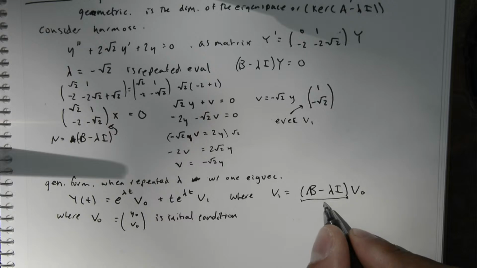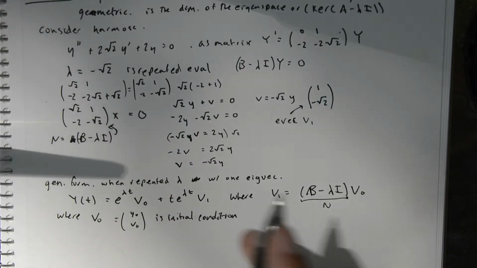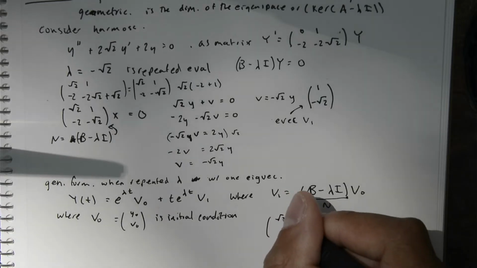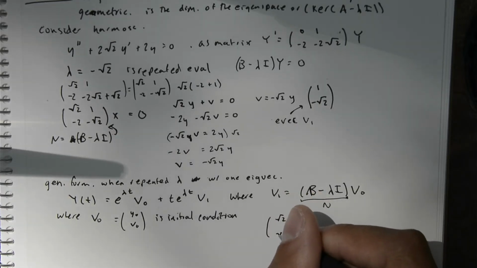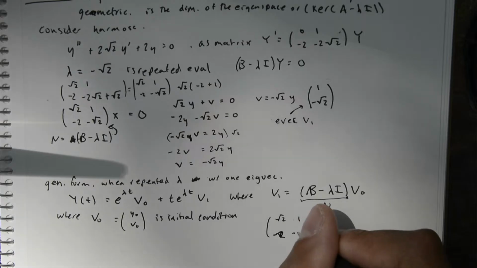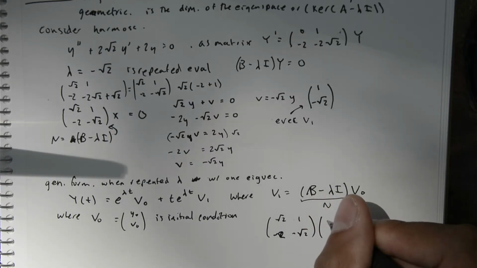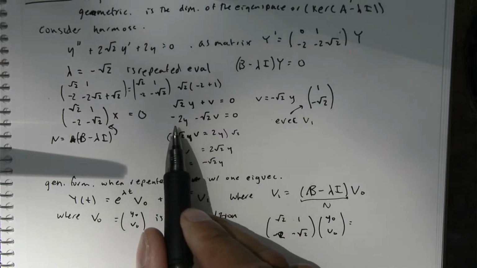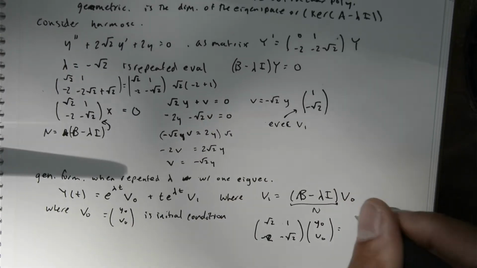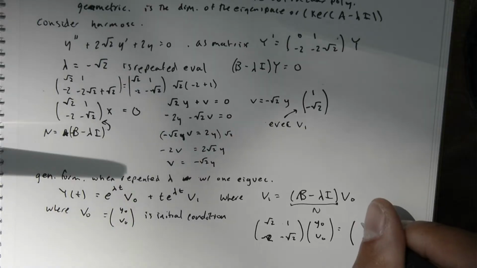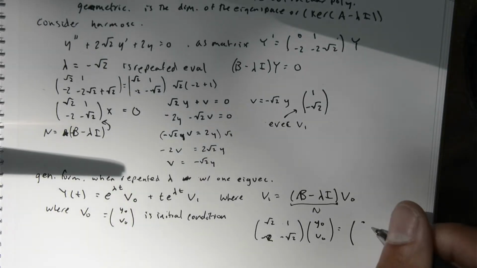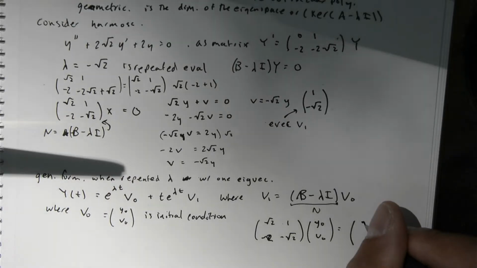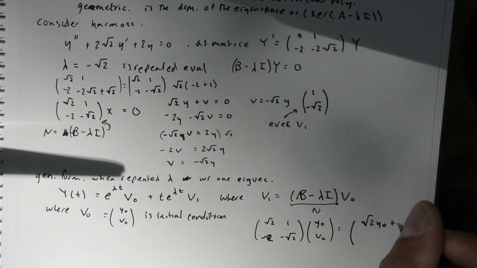Did we compute that? Root 2, 1, minus 2, minus square root 2, times y0, v0 is equal to these equations, right? So then we get root 2 y0 plus v0.